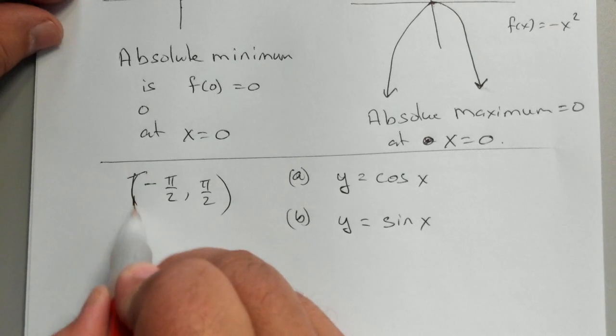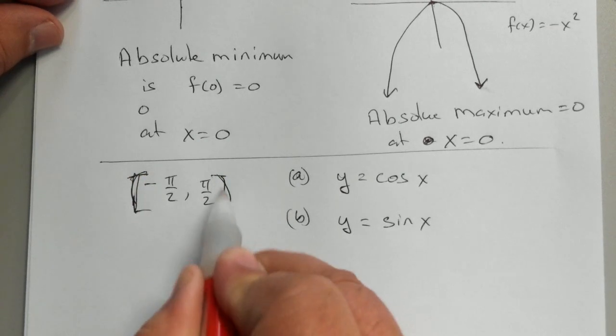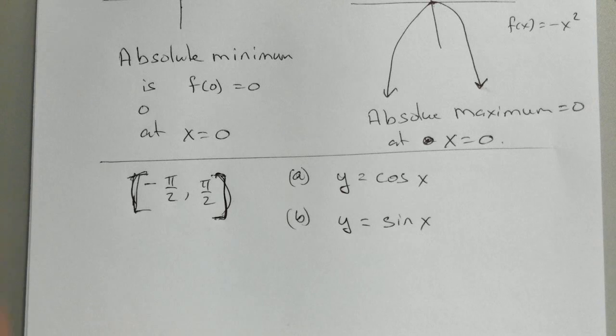Well, no, it's got to be a closed interval right now. So tell me where in both of those you have absolute maximum, absolute minimum. And what values are they?